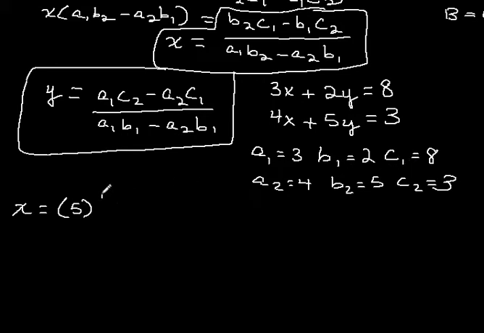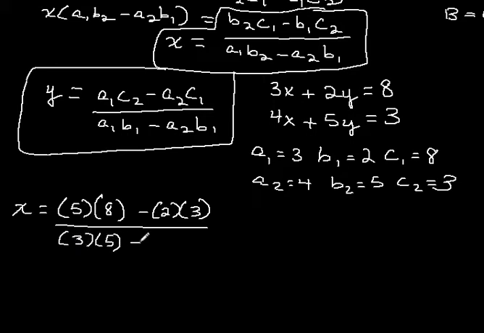So I'm just going to put these in real fast. 5 times 8 minus 2 times 3. This is just purely substitution, all over 3 times 5 minus 4 times 2. And if we multiply that all out, we're going to get 34 over 7.